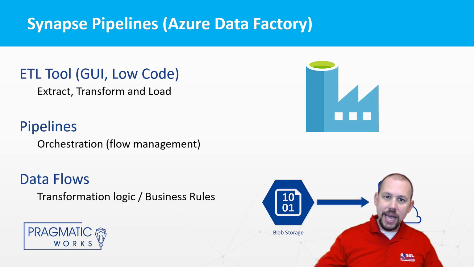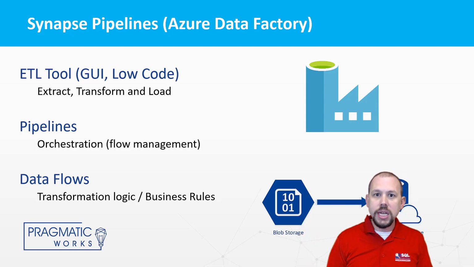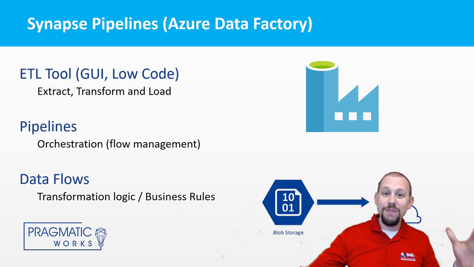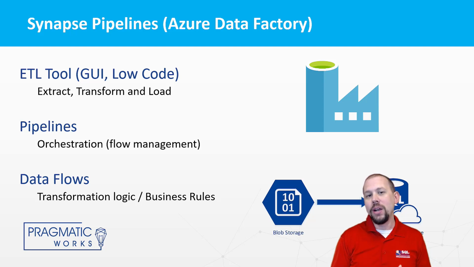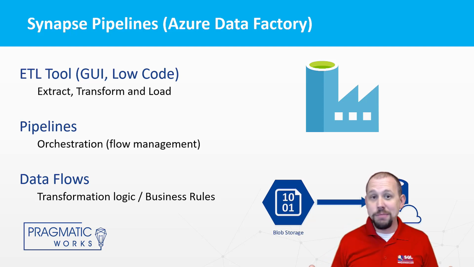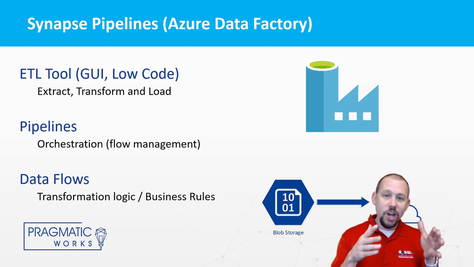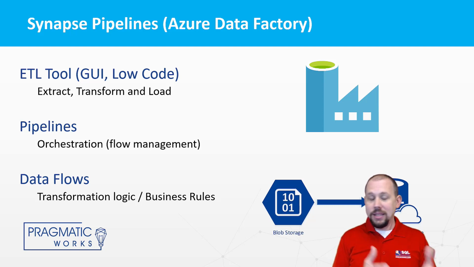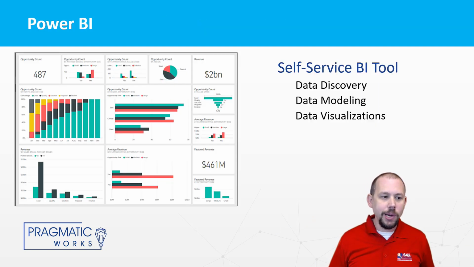We can connect to those different data sources, bring the data in, merge it together, clean it, transform it, curate it, get it ready for the data warehouse, and then finally load it to its final destination. Once again, I already have plenty of videos out there on YouTube around pipelines and data flows inside of Azure Data Factory and inside of Azure Synapse. This is something I'm really passionate about.